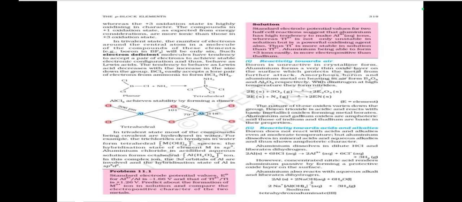The Lewis acid tendency decreases with the increase in size down the group. BCl3 easily accepts a lone pair of electrons from ammonia to form BCl3·NH3, which is tetrahedral.